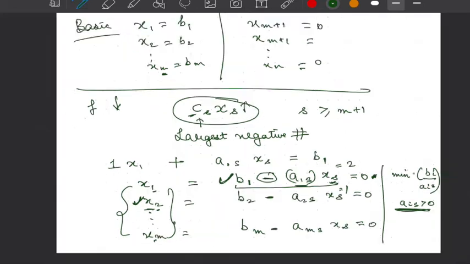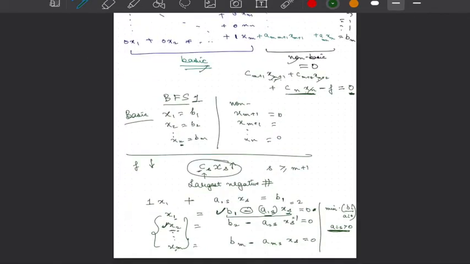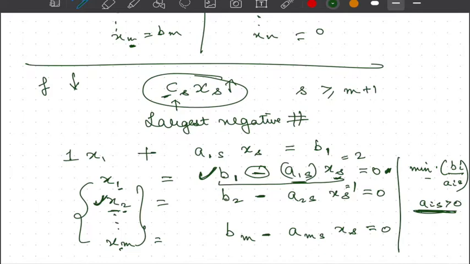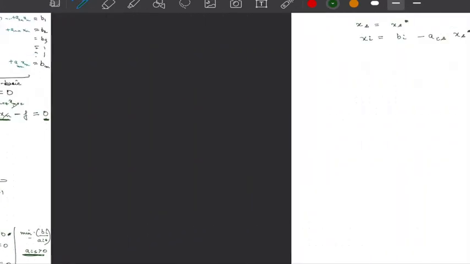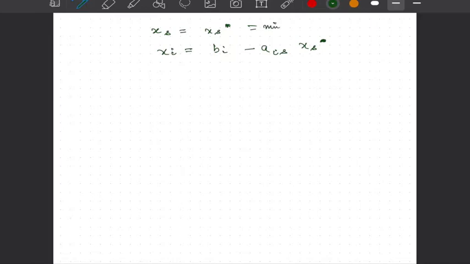Now once we do that, our new solution would have x_s take the value x_s star. Our other variables would become b_i minus a_is x_s star, where the value of x_s star is guided by the minimum of b_i upon a_is, because that is how much we can increase x_s.